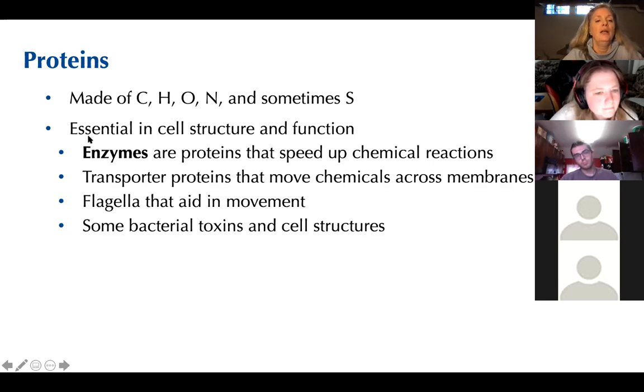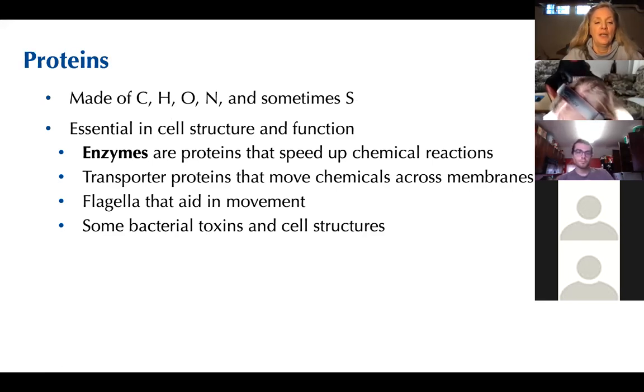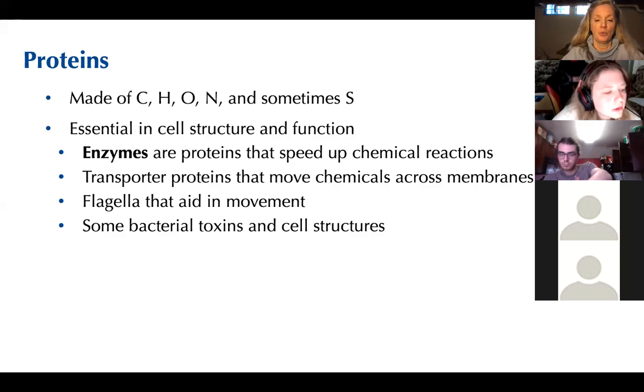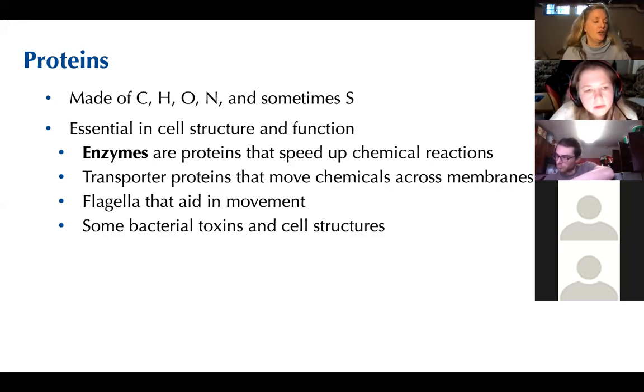All right. So proteins are essential in all of our structures and function of our cells. And enzymes are some of our primary proteins, okay? We're making enzymes all the time to help speed up all these chemical reactions. How do you know something's an enzyme? Just by looking at it and reading the name.